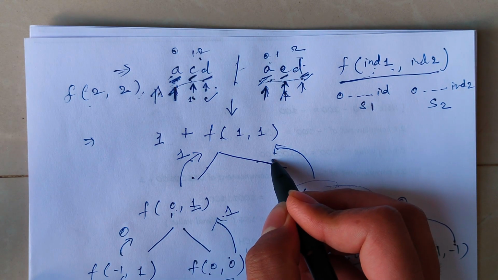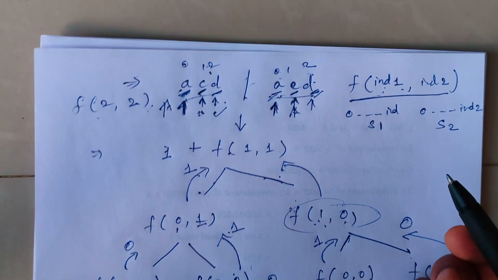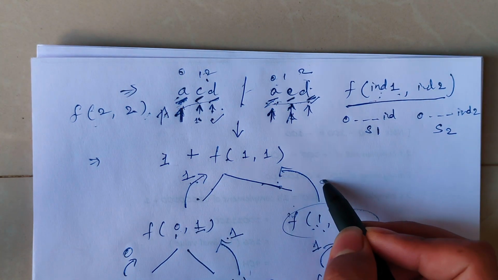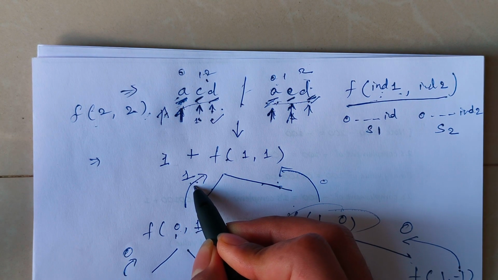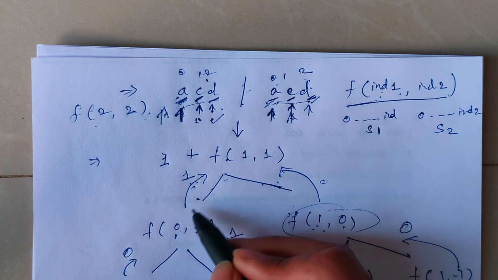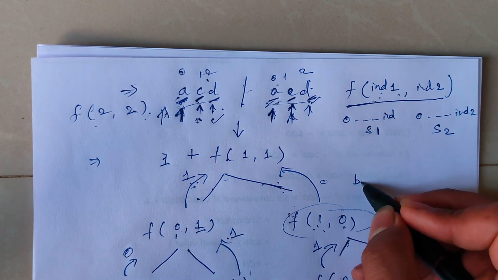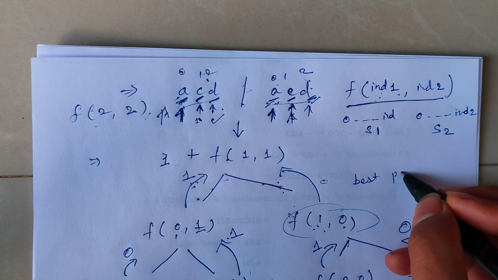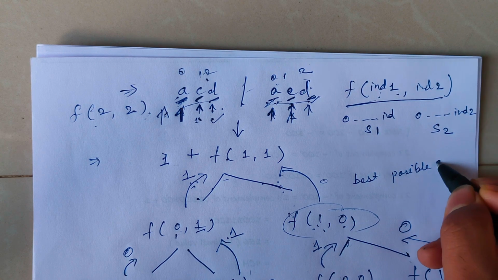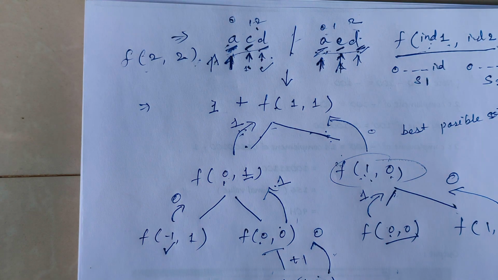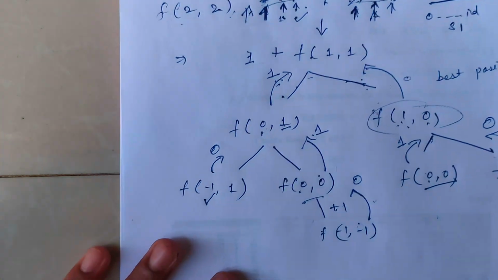So if this had returned 1 and this had returned 0, we would have taken 1. So we explored both the possibilities and took the best possible solution out of it, right? So that is what we are going to do.